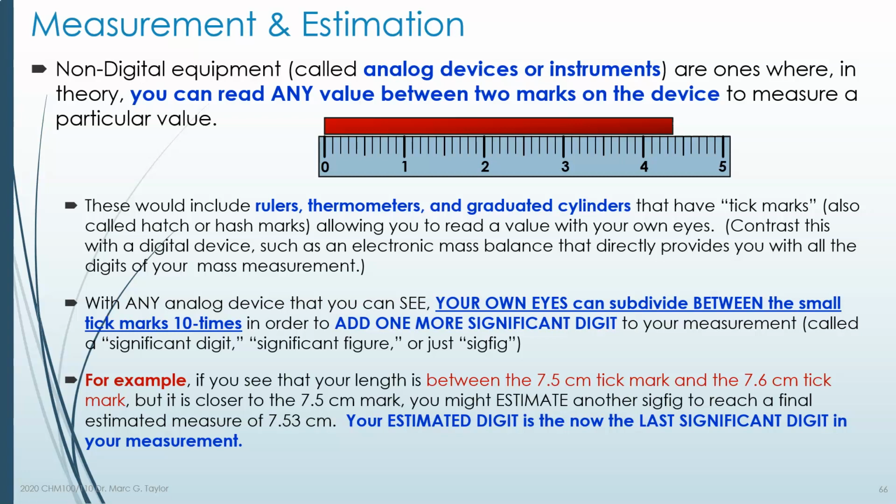But you notice that the length is a little bit closer to the 7.5 than it is to the 7.6. You might estimate that your final answer was 7.53 centimeters. So your estimated digit is now the last significant figure or significant digit in your measurement.